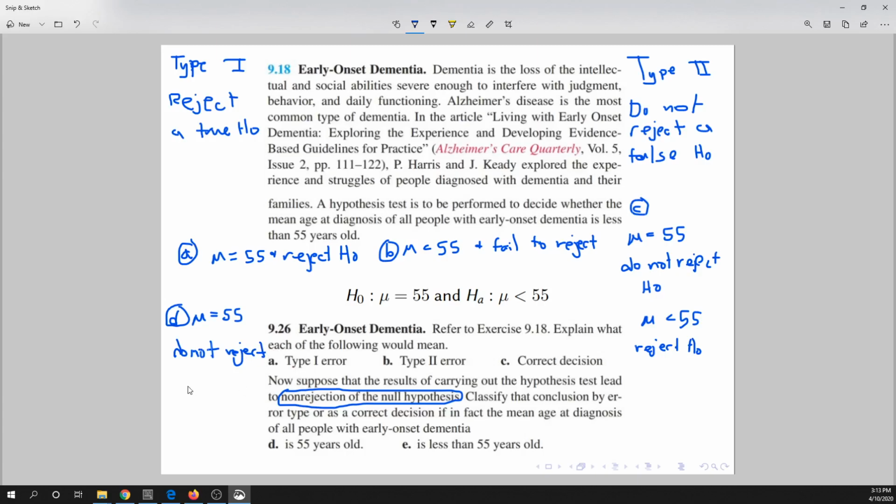They want to know, is that an error? If so, which type? Or is it a correct decision? Here the null hypothesis is the truth, and we do not reject, so that's a correct decision. Remember, you want the truth. We're given that this is true, and so the correct decision is to not reject the null hypothesis.